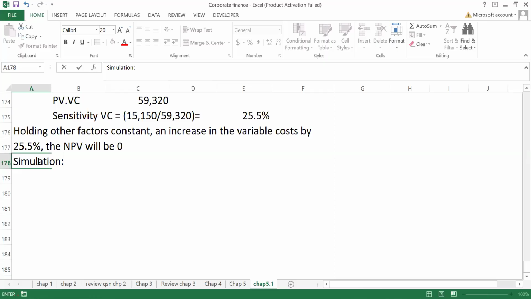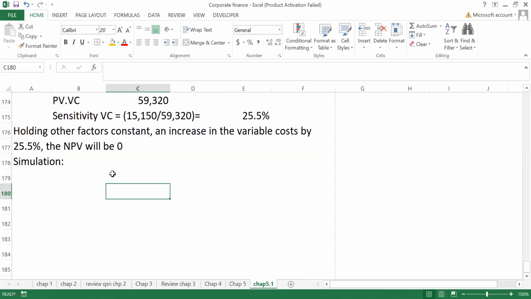That is sensitivity. Okay, that's the sensitivity. But okay, continue. Simulation will not be asked. There is no calculation, but you can explain it, and sensitivity.